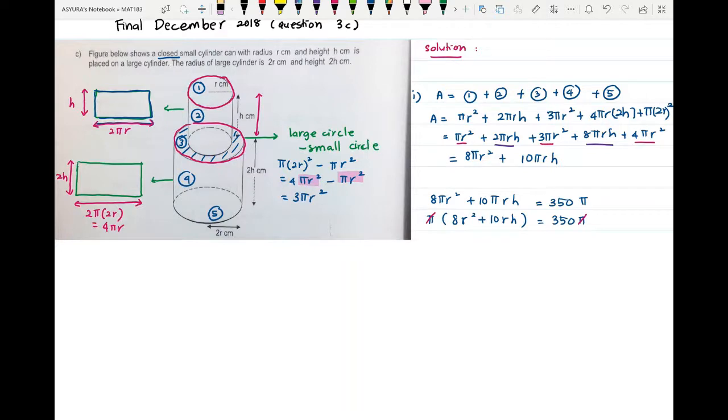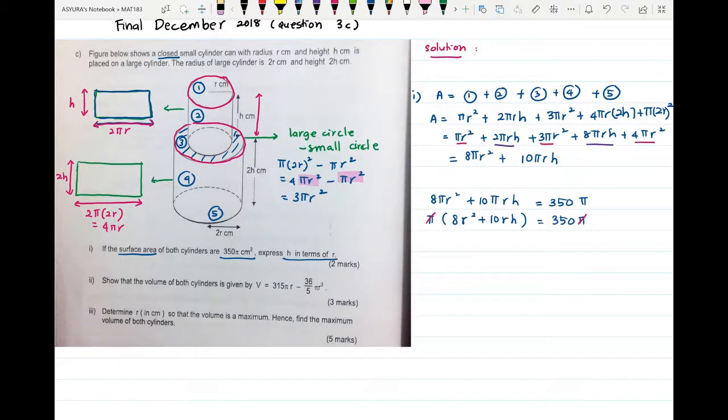We want to write h in terms of r, so 10 r h will equal 350 minus 8 r square. So now your h will be 350 minus 8 r square divided by 10 r. Okay, that's all.